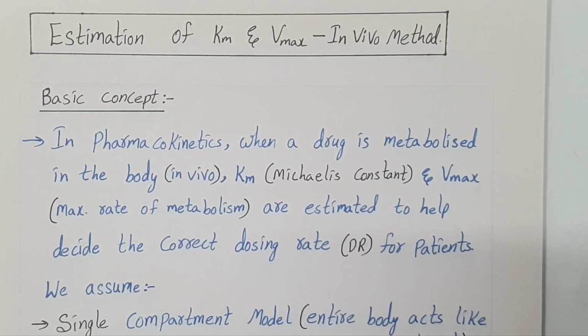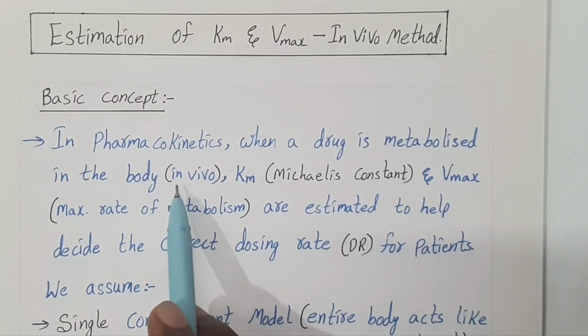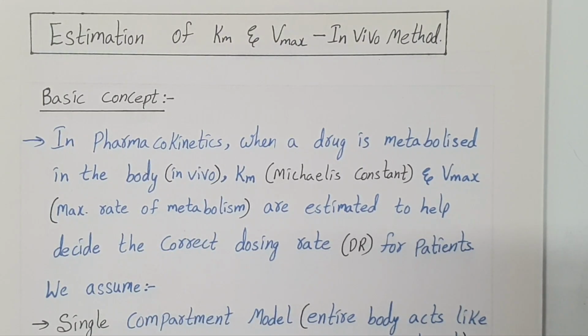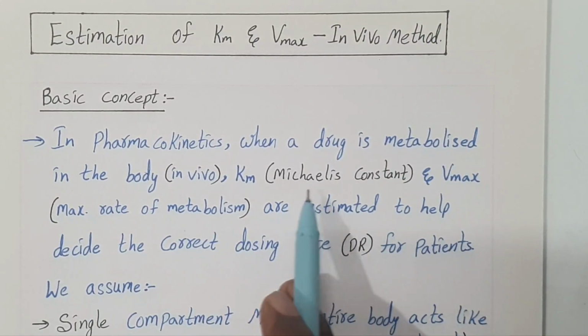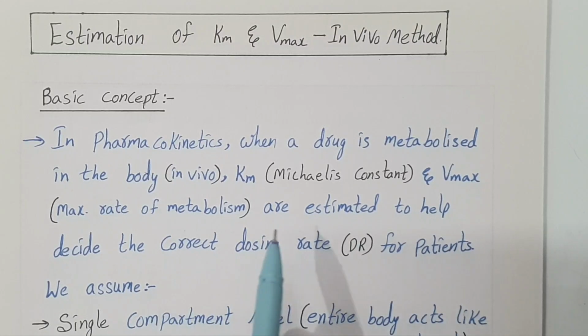When a drug is metabolized inside the body, which is known as in vivo, especially through enzyme pathways, it does not always follow simple first order kinetics. In such cases, we use Michaelis-Menten kinetics.